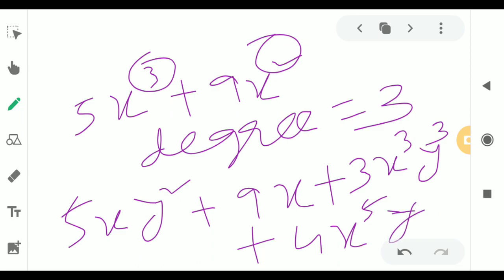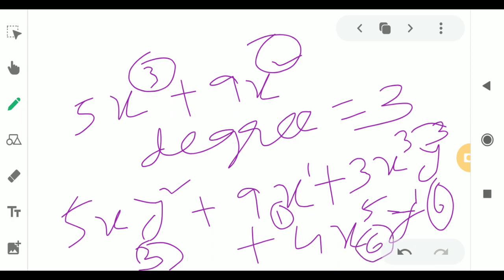Here if you add 1 plus 2, we got 3. Here only 1, so we got 1. Here we got 3 plus 3, which is 6. Here we got 5 plus 1, that means 6. So what will be the maximum? 3, 1, 6, 6. So here degree is 6. Did you understand the meaning of degree?